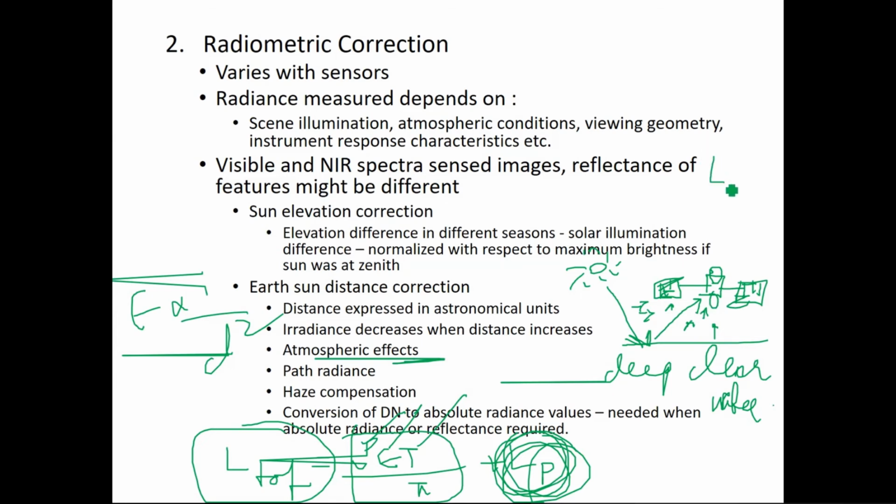It will be LP, isn't it? Yes or no? Right. So from all the data that you have acquired, you can subtract this LP value so that you can correct it for this path radiance and haze compensation, isn't it?